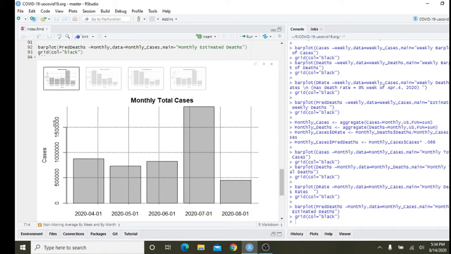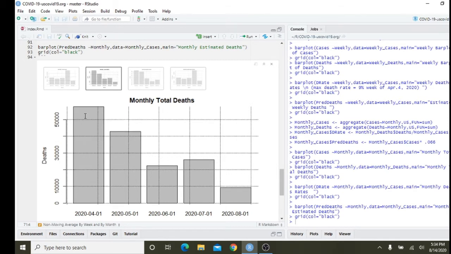Over 100, okay, cases spiked in July at about 160,000 cases. With 2 weeks to go, we've only been to 1/3 the range.